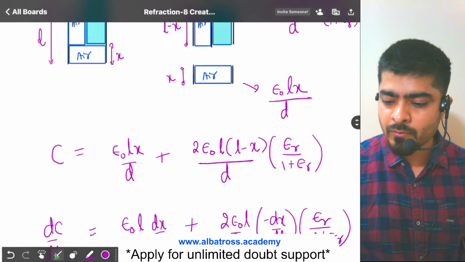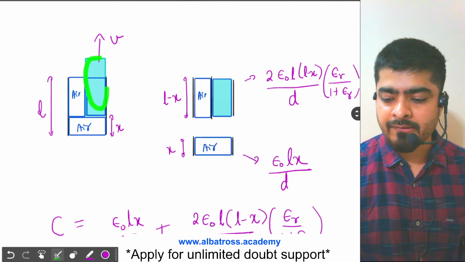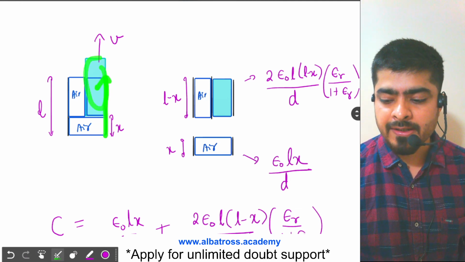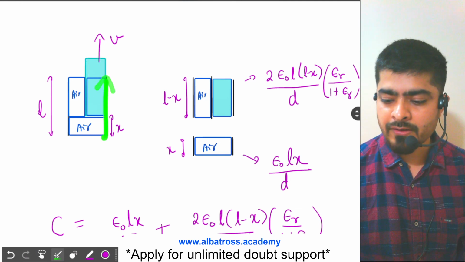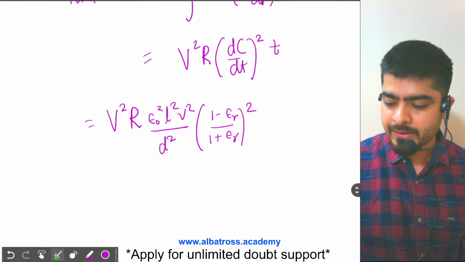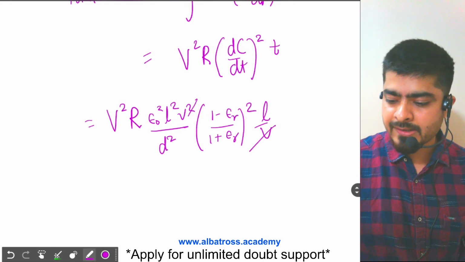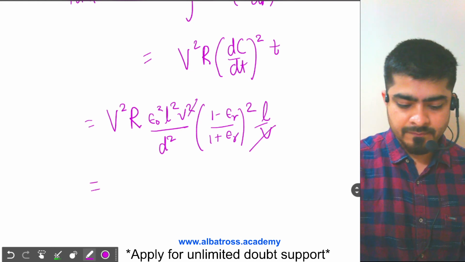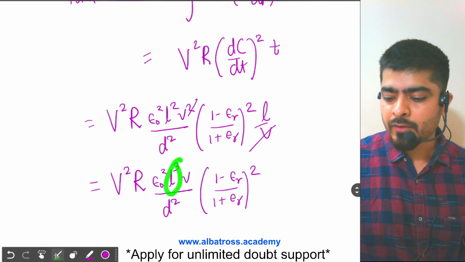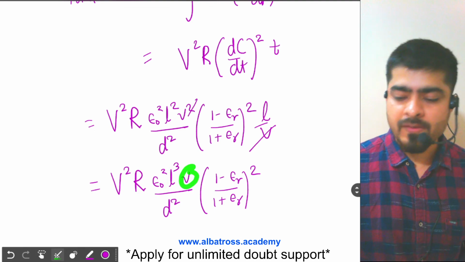If you look at the displacement of the dielectric, it should cover a displacement equal to L. So time taken T will be L by v. So this v will get cancelled out. Here you will be having an L cube, and there will be just one v. So this is your final answer.